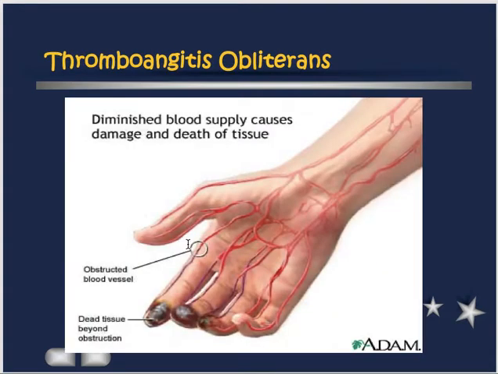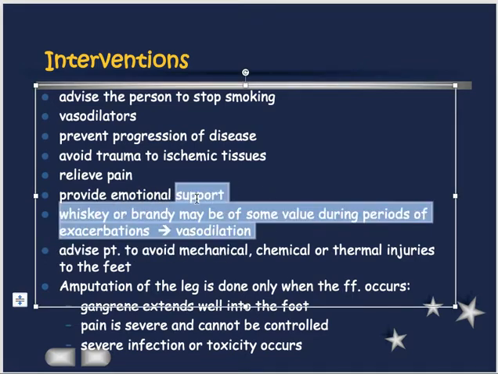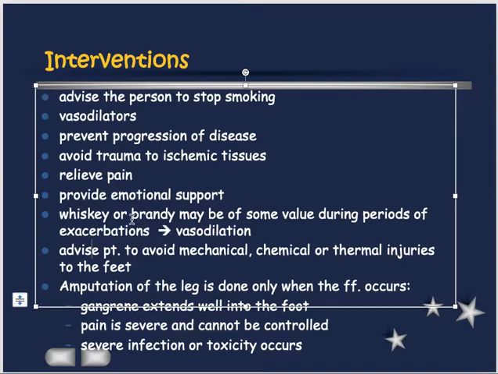Of course, what are the interventions which we can do? We can ask the patient to stop smoking, use vasodilators, prevent progression of disease, avoid trauma to ischemic tissue, relieve pain, and provide emotional support. One of these I included here because if you do a little research, you will find that in some patients it works.